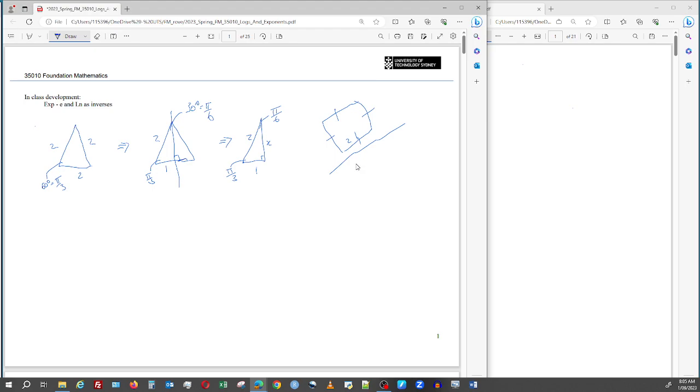Next to that will be our right-angled development, and on the right-angled development we'll have the side of 1, side of 1, and over here we'll have a side of x, the unknown.